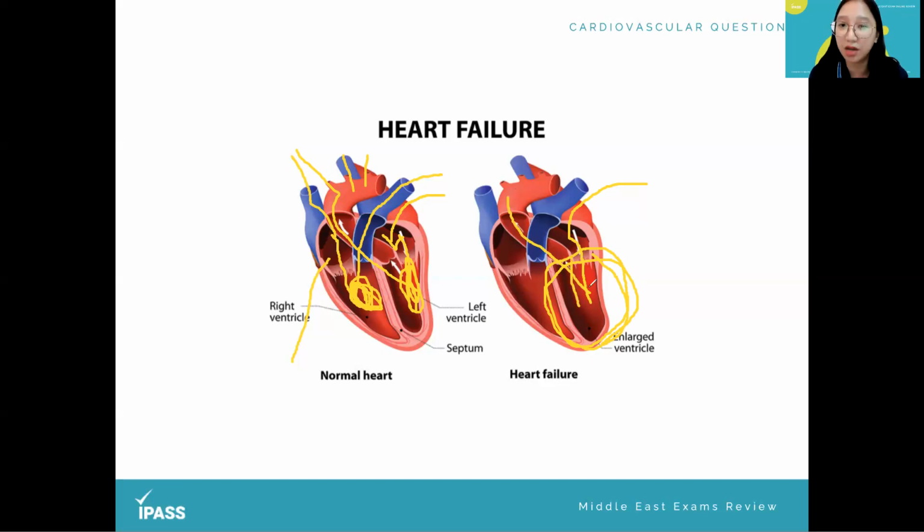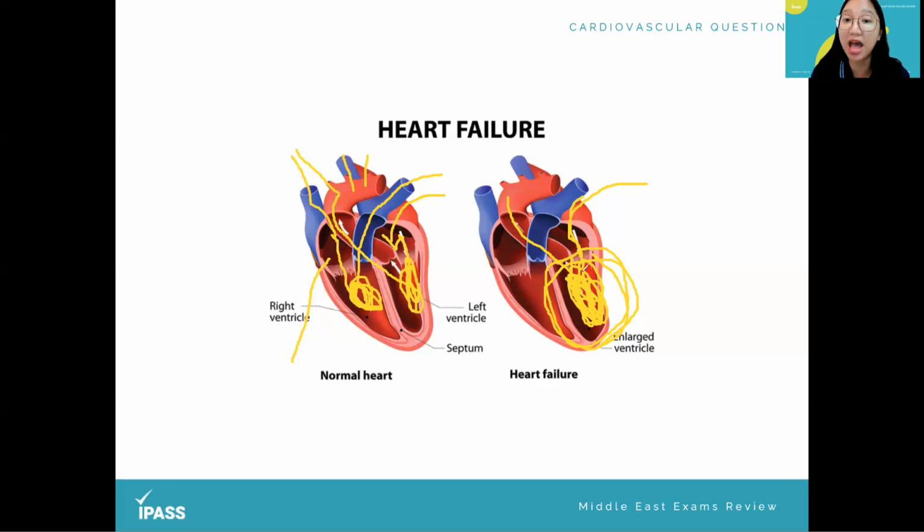The blood now stays in the left ventricle, and the left ventricle becomes congested. Why? There is stasis of the blood, and there is also incoming blood from the left atrium. So the blood stays here, making this area failing and congested.